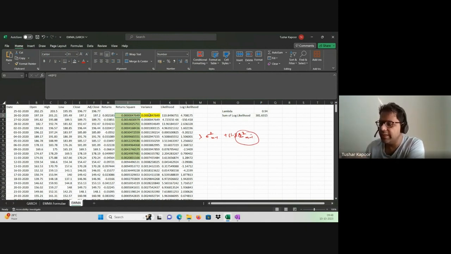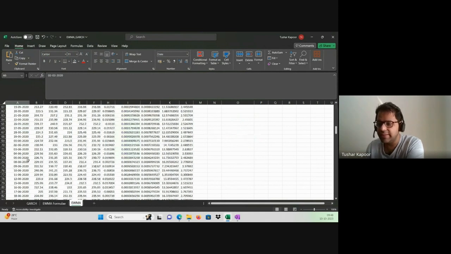Now, the second thing that I need to calculate is the variance, because this is the second component that I need. The first value of variance cannot be calculated, and that is where the first value will be taken as the same value as the return square. Because this is the starting point of my data.